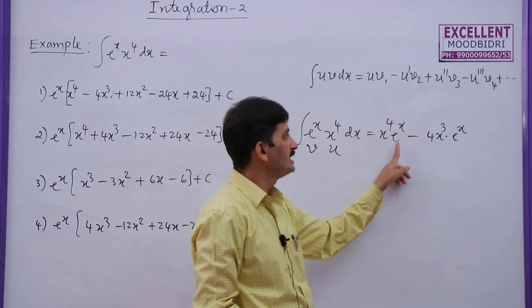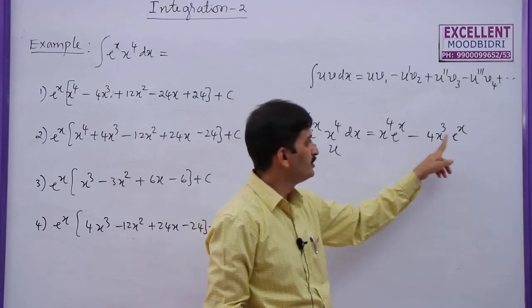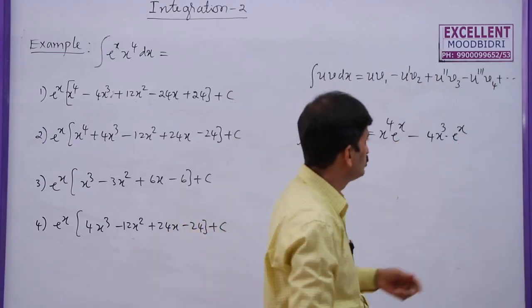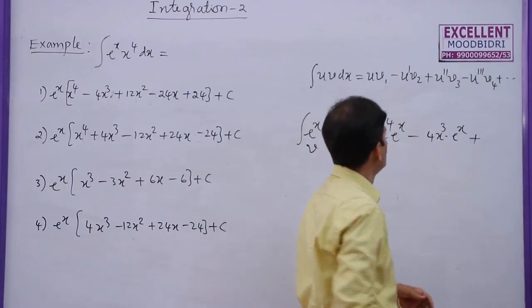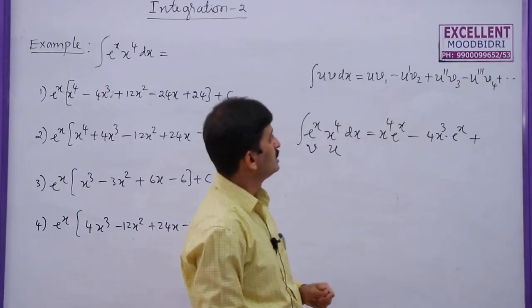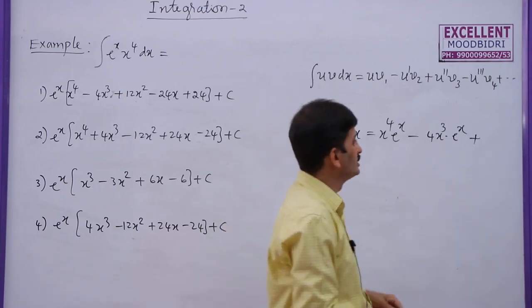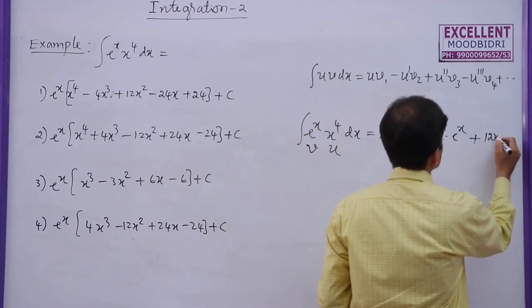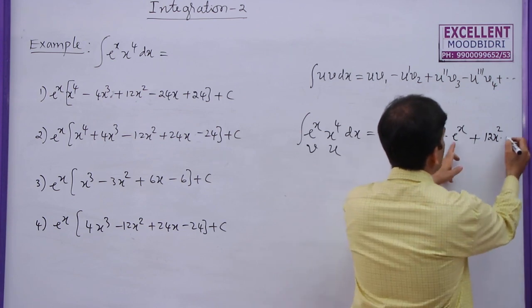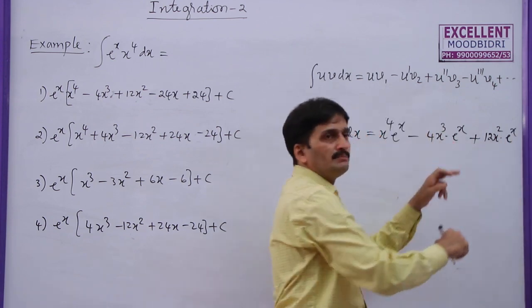V2 is the integral of v1, and the integral of e power x is e power x. Next sign should be plus. Next, u double dash means the derivative of this one: derivative of 4x cube is 12x square, into e power x.